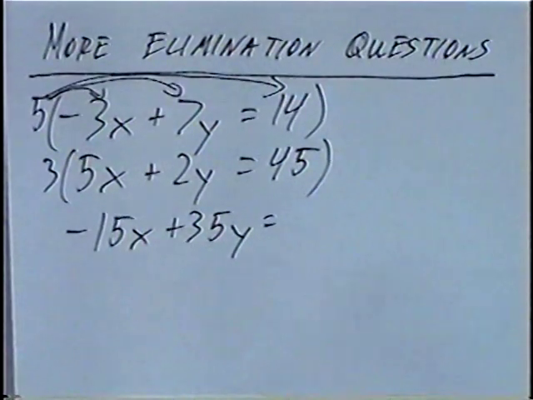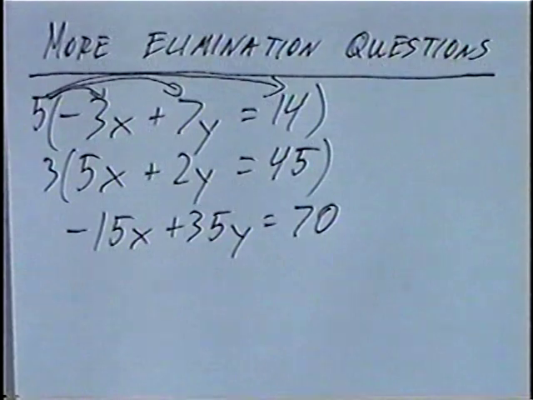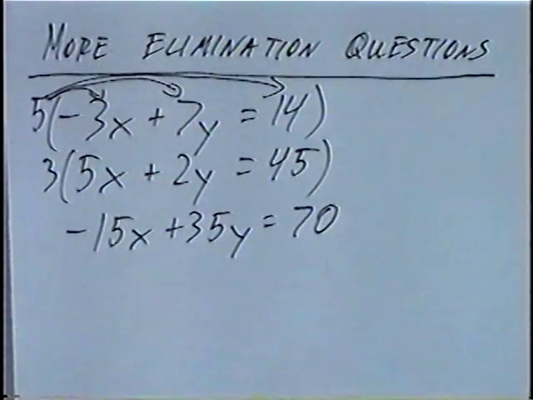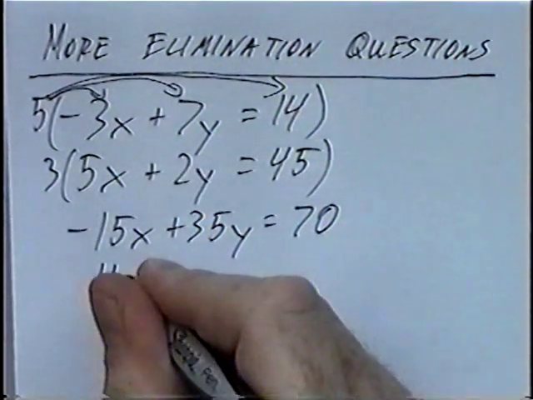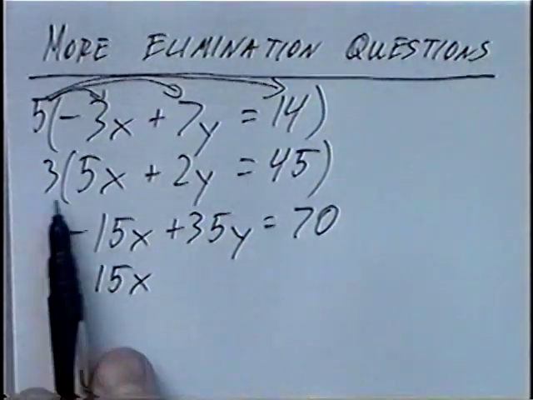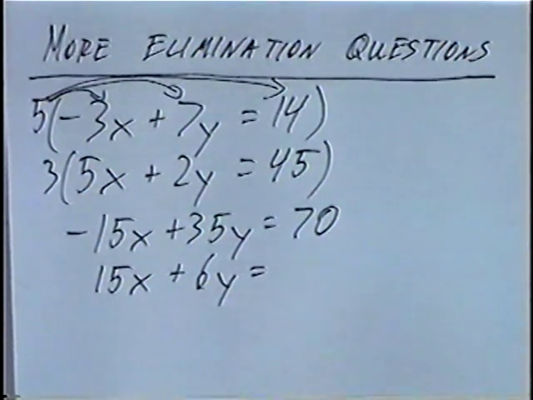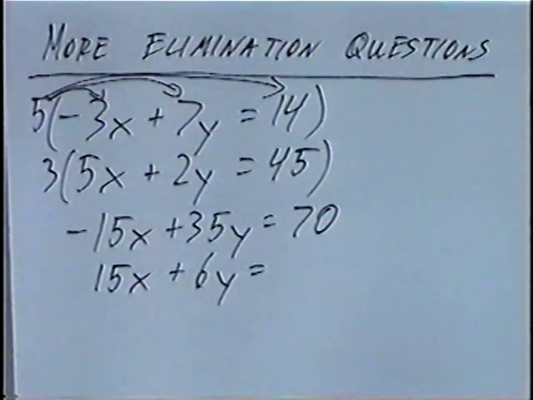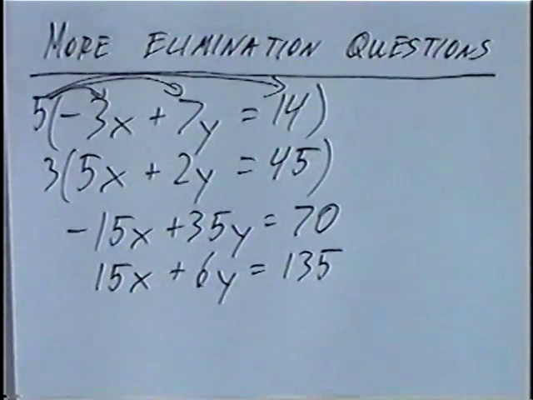And 5 times 14 would be 70. Second equation, 3, again times each number and each term, 15x. 3 times 2y would be 6y, and 3 times 45 would be 135.